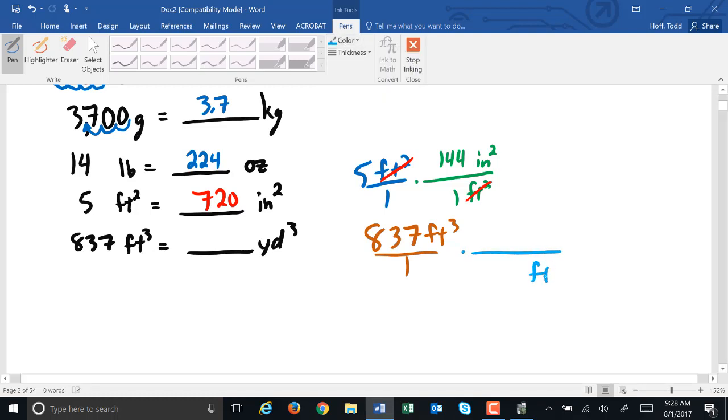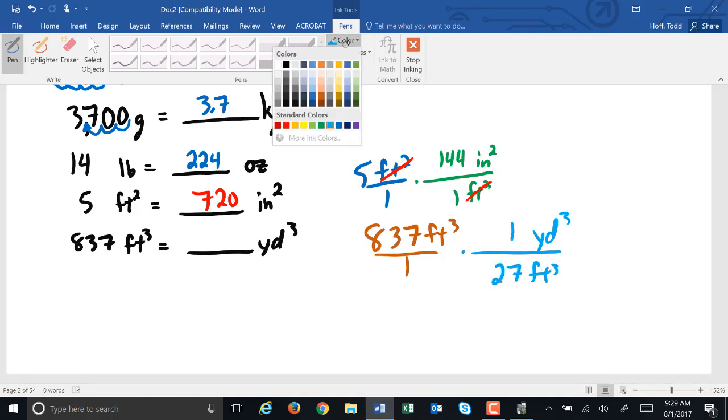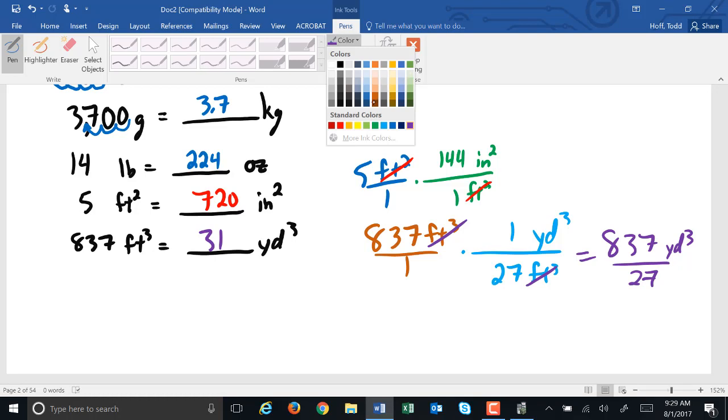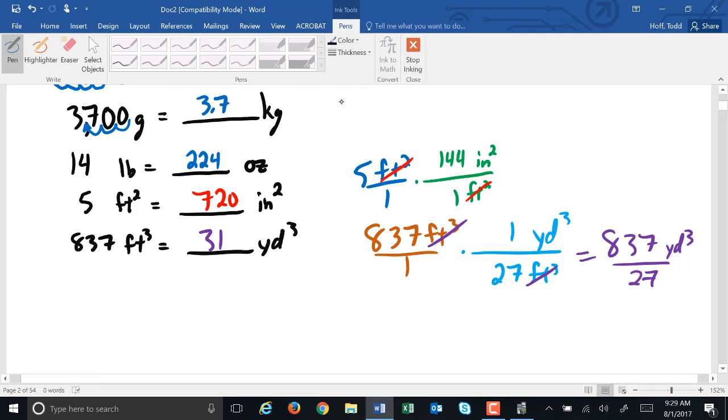So yes, cubic feet into cubic yards. 1 cubic yard is 27 cubic feet. So 837 over 27, that is 31. Any questions on those? It's just a matter of being very, very careful.